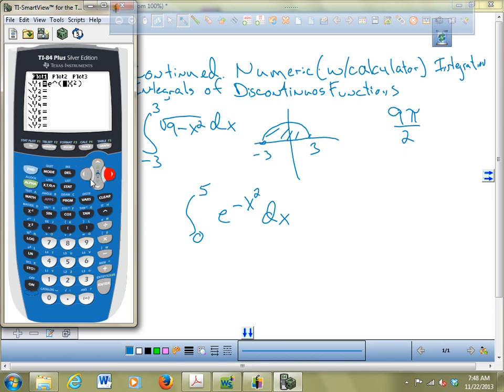Part of the challenge is making sure you put it into the calculator correctly. Let's try again. Y equals second natural log E. I guess it won't let me get rid of that. Just put a negative and then another parenthesis.